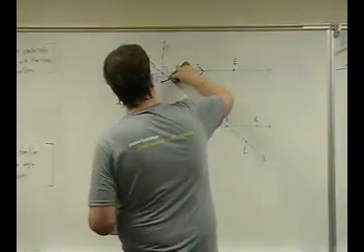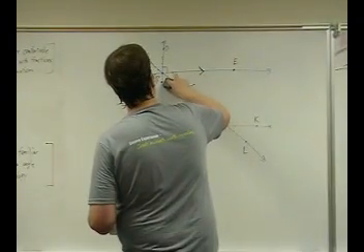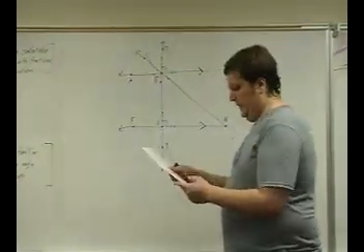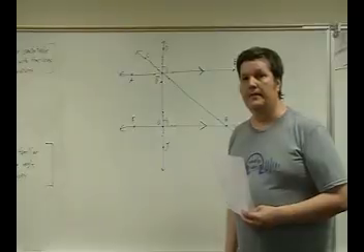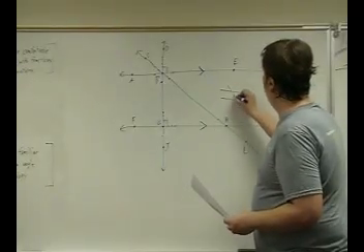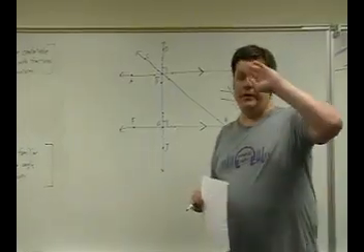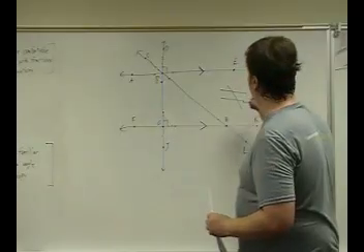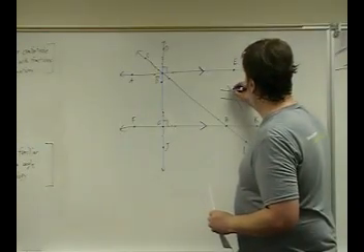So for this last definition, consecutive exterior angles. If I use a simplified diagram, consecutive exterior angles are going to be on the same side of the transversal relative to the parallel lines. I'll just pick this one.